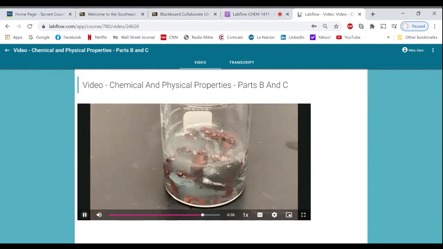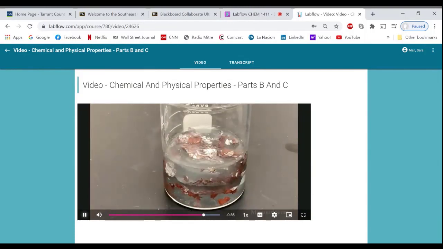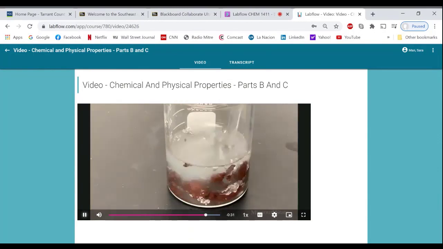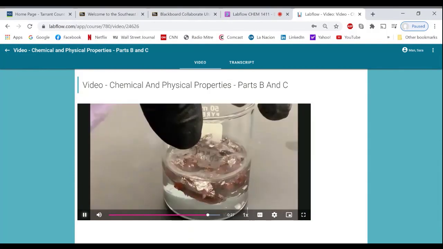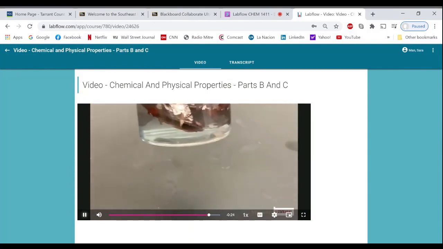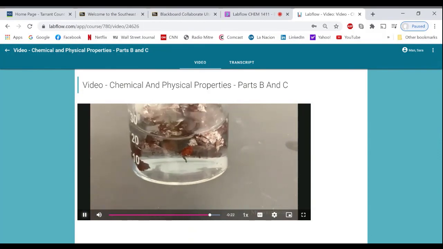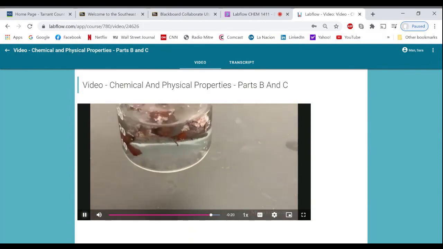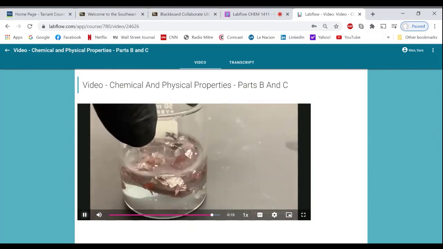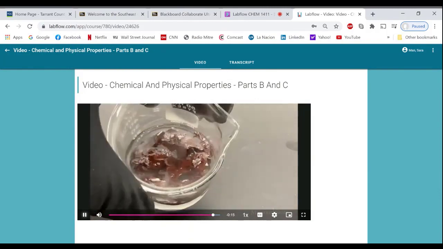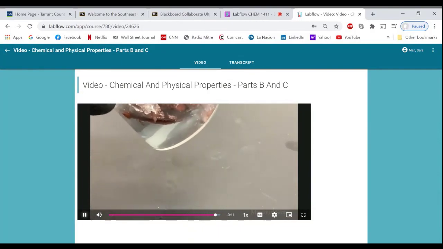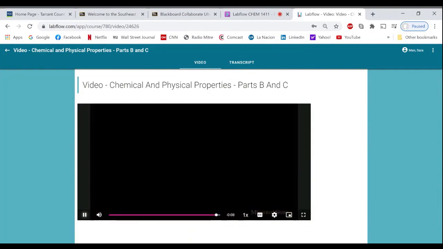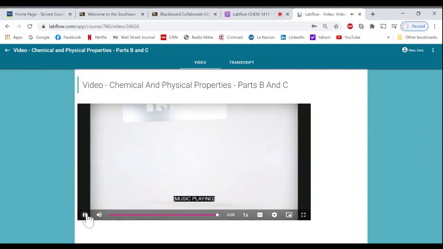When we started, the solution had a light blue color, when we mixed the solution. And look at the solution now. The blue color fades, it's almost colorless.